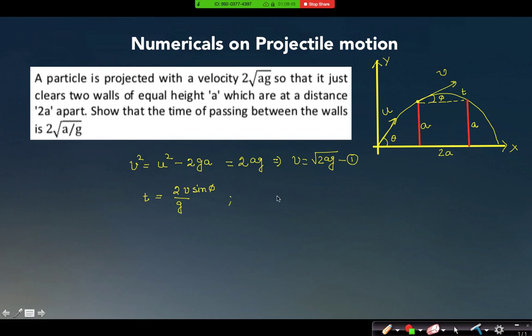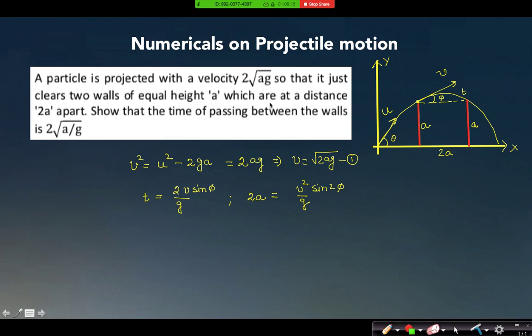2a. So can you say that range is equal to v square sine 2 phi divided by g? Sir, 2a is the distance between the two walls.